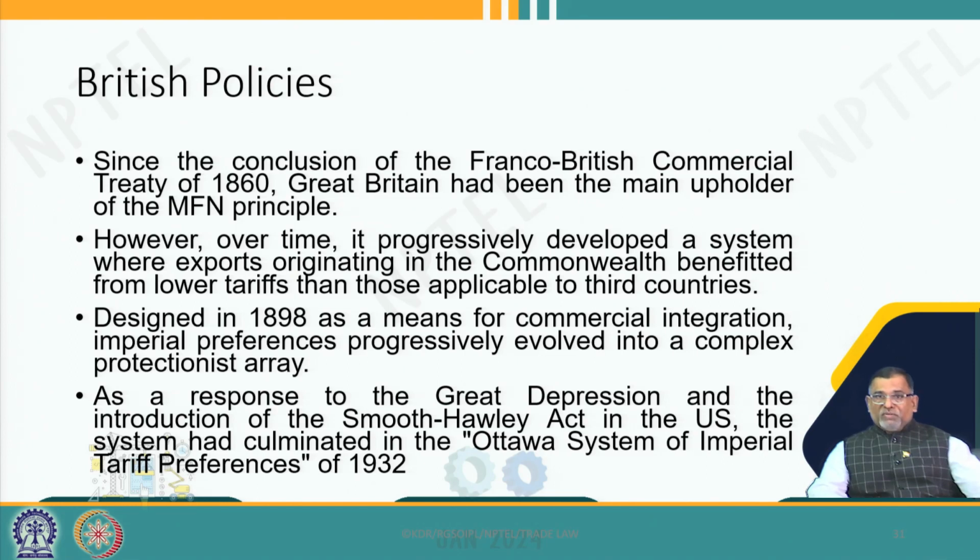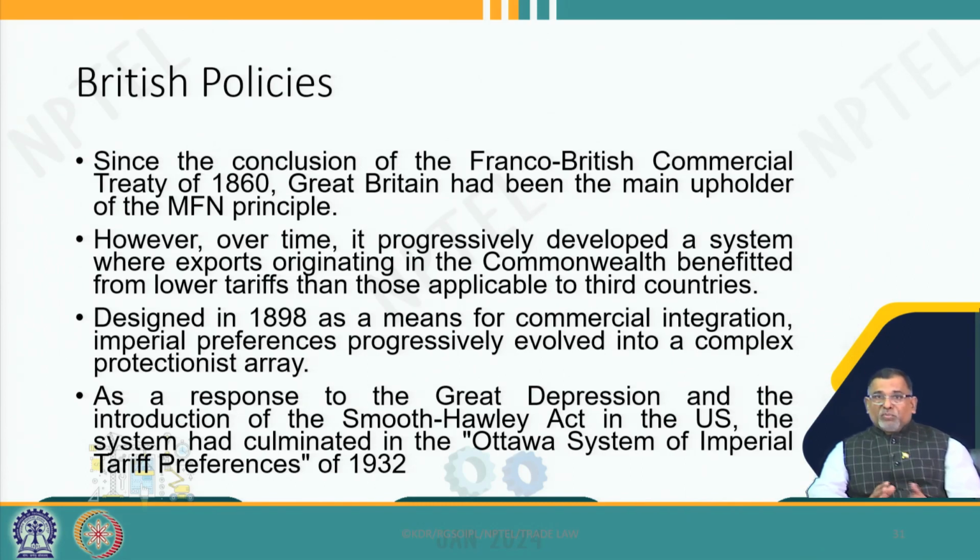What we already said is that the British were almost against the US policies. Starting with many treaties, like the Franco-British Commercial Treaty of 1860, Great Britain argued for the most favored nation treatment, but the US argued the other way around. Even in 1929, through the Smoot-Hawley Act, they imposed more restrictions on imports from the UK and Canada.